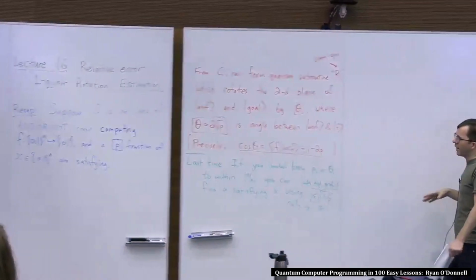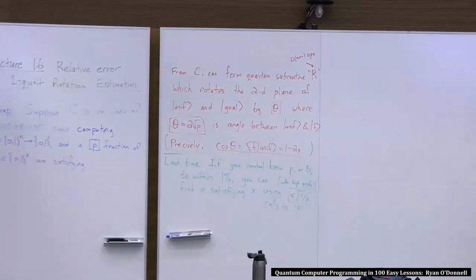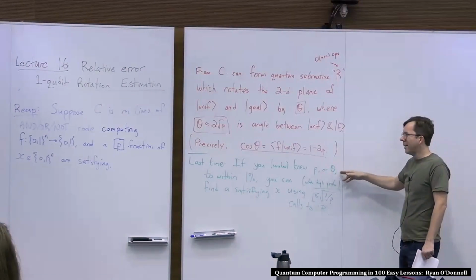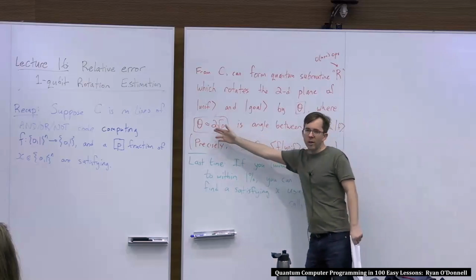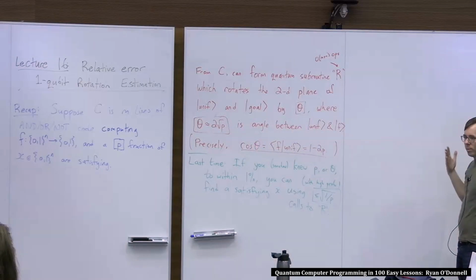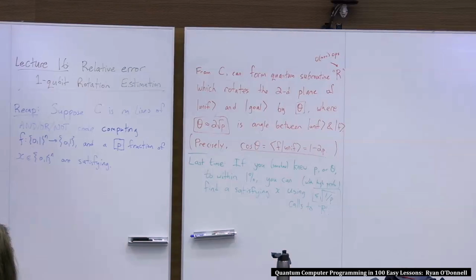We ended last time by saying you don't need to know it exactly. Let's say you somehow knew p, or basically equivalently theta, since knowing p is knowing theta and vice versa. Say you magically knew them to within 1%, one significant figure. That would be good enough.